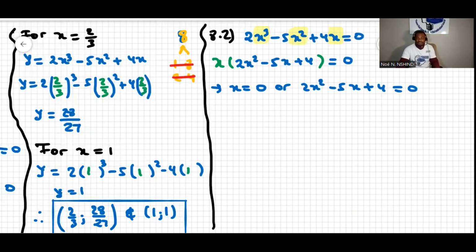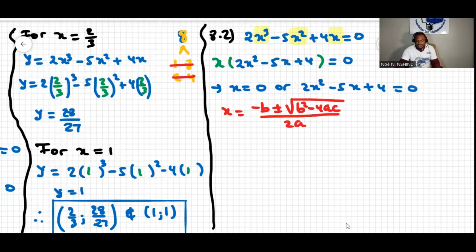So this is a type of prime equation, so we have to use the quadratic formula. The quadratic formula is given by x equal to minus b plus or minus the square root of b squared minus 4ac, over 2a.